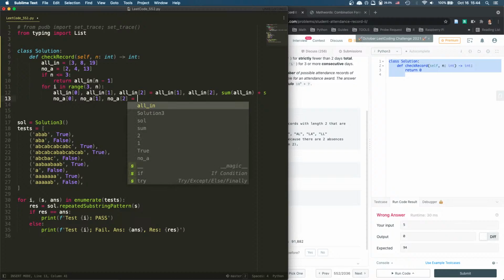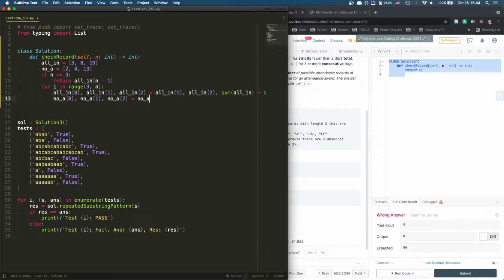That going to be equal to no A 1, no A 2, and the new no A is going to be 2 to the some power. 2 to the n.